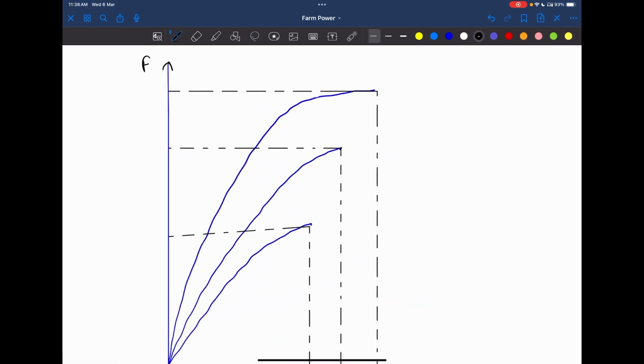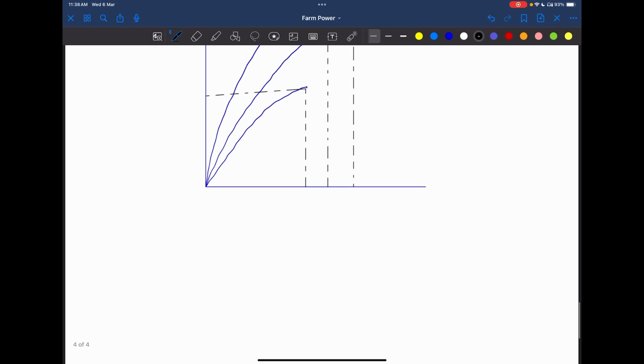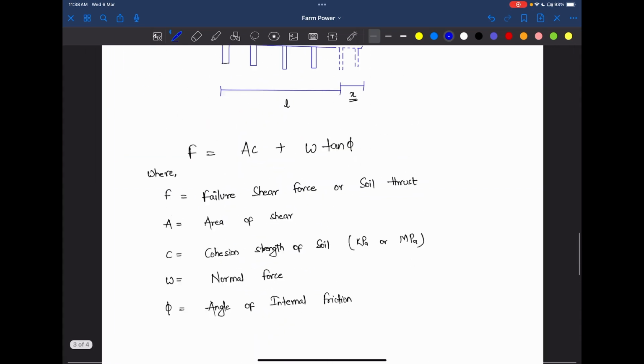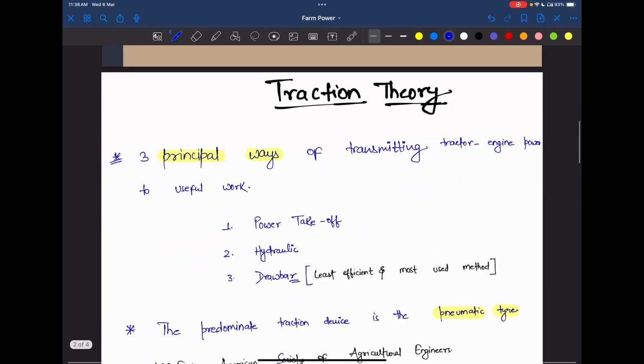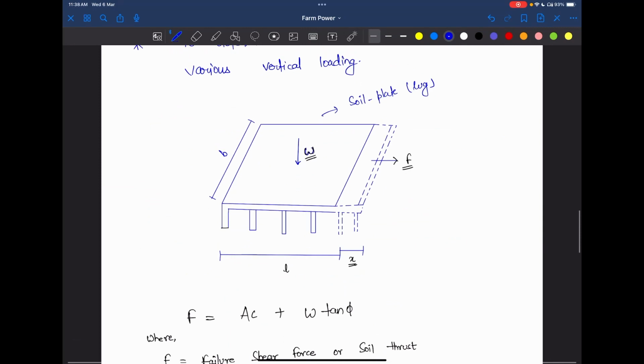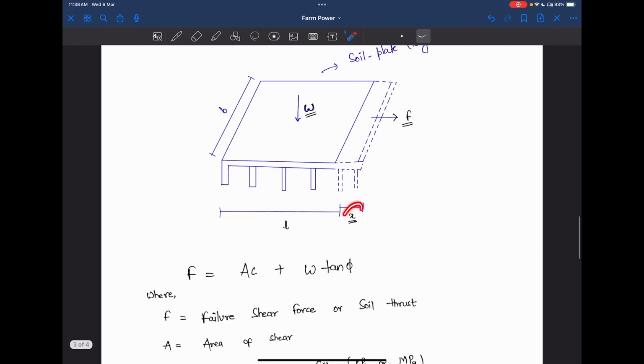This is the force axis, and this is the x-axis, which is the deformation.